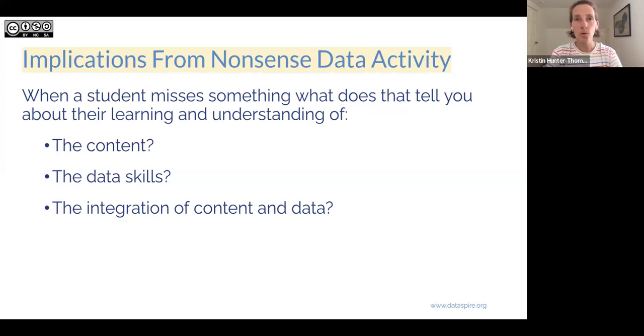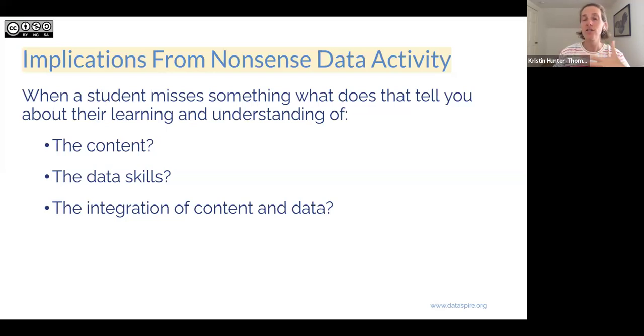We haven't taken them from orientation to initial data exploration and analysis and describing patterns, to interpreting the patterns, interpreting the data in the context of the data set, and then asking them to think about what it means in that broader synthesis. So we're missing some of those steps along the way, and we don't know where they're falling off.